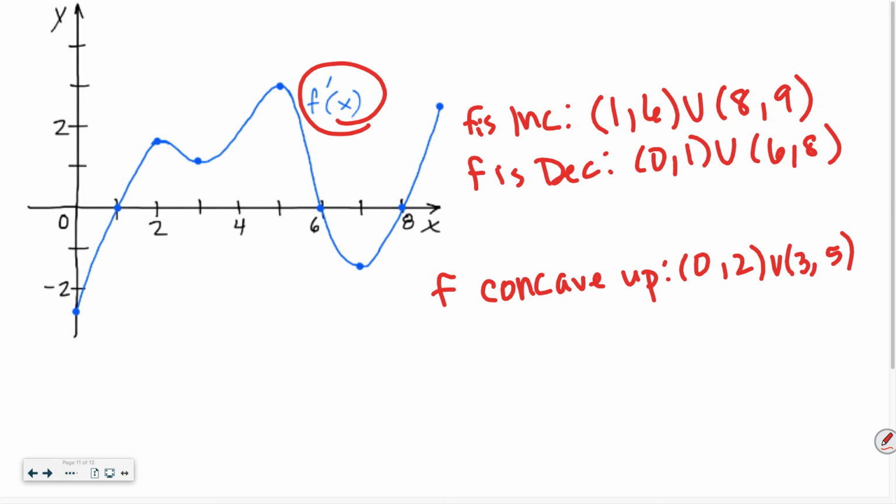And if our derivative is increasing, that means the second derivative is positive. And then again from 7 to 9. If I'm looking for concave down, I'm looking for intervals where my derivative is decreasing. If our derivative is decreasing, our second derivative is negative. We're going to work on that first thing tomorrow.